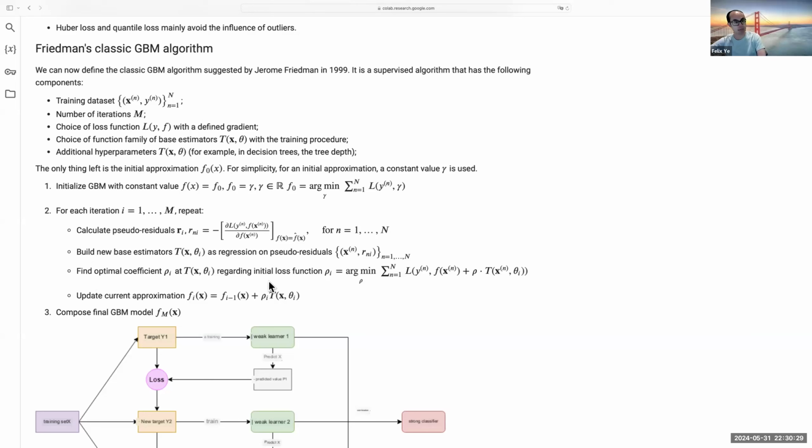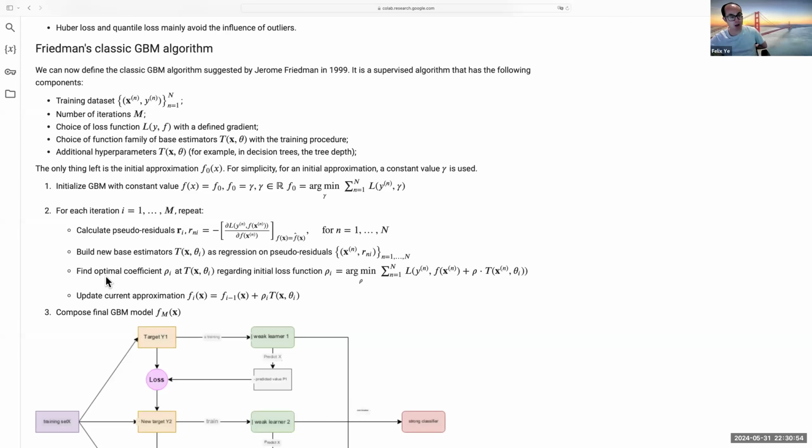Okay, so everything is basically the same. We calculate the negative gradient, the derivative, evaluated at f equal to f hat, which is the previous model we already found. Then we build a new base estimator, which could be just decision trees as regressions on these residues.